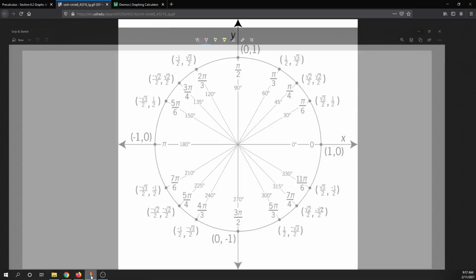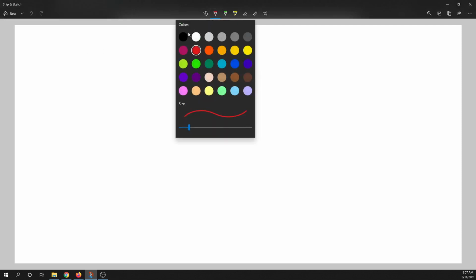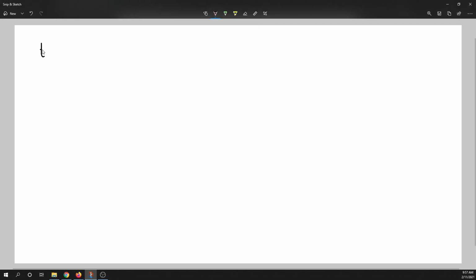So remember that the tangent is sine over cosine. So tan x is sine over cosine.